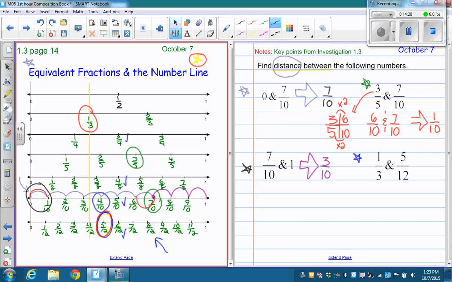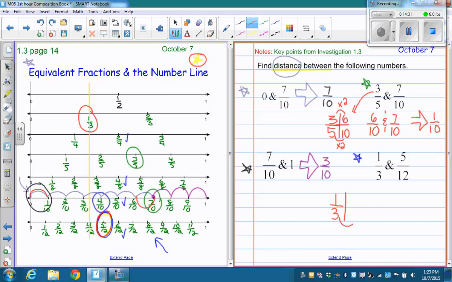But if I wasn't able to use a picture, I can take 1/3 with the ratio table and change it so I get a 12 in the denominator by multiplying by 4. So this is 4/12. So now I'm going to just find the distance between 4/12 and 5/12.